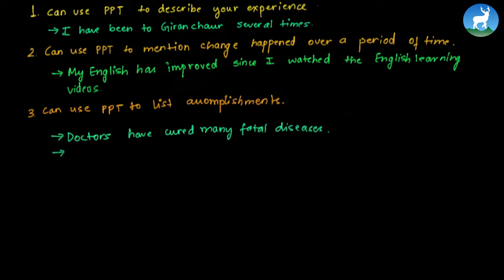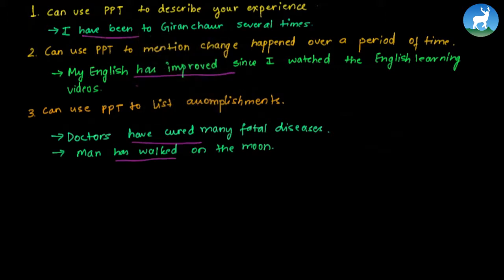Another individual accomplishment could be, man has walked on the moon. These sentence structures show the use of the present perfect tense. Has walked, have cured, has improved, have been. These are the present perfect tense.